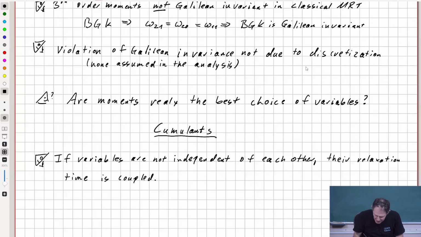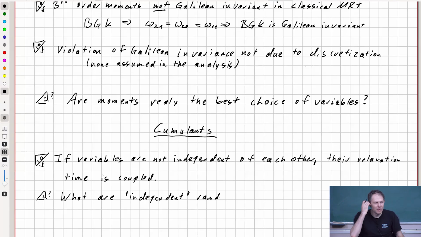But for this, now we need to understand what it actually means to be independent. So what are independent random variables? I remind you that we are talking here about random variables because we are all the time talking about the probability of finding a particle in a certain state.